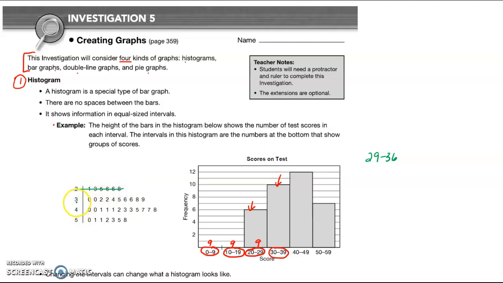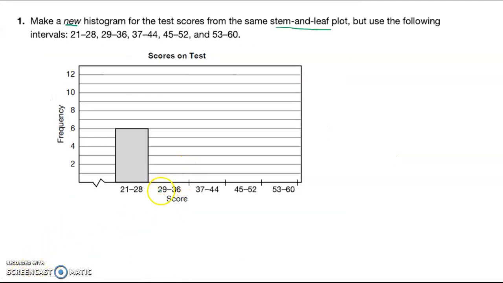We're supposed to do 29 to 36. There is no 29, so I have 30, 30, 32, 32, 34, 35, 36, 36. That's 1, 2, 3, 4, 5, 6, 7, 8. So there are 8 scores between 29 and 36.